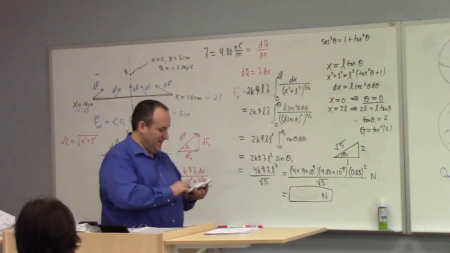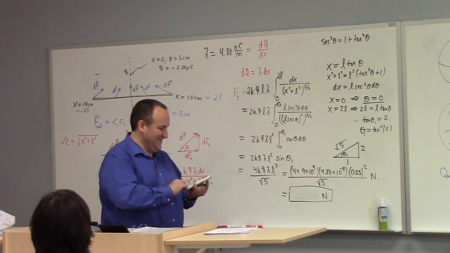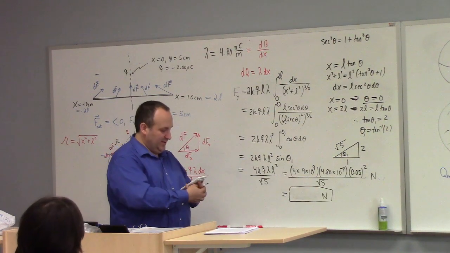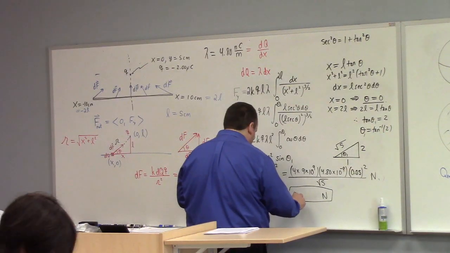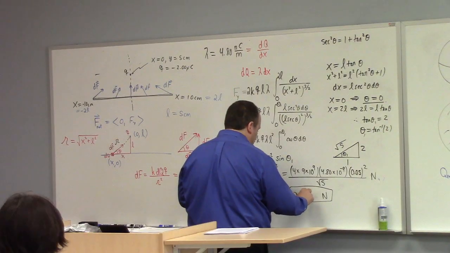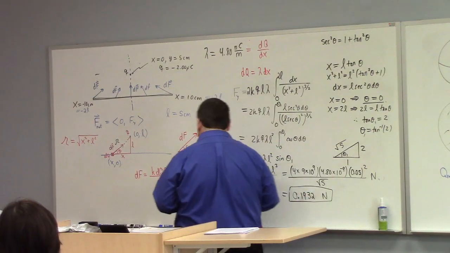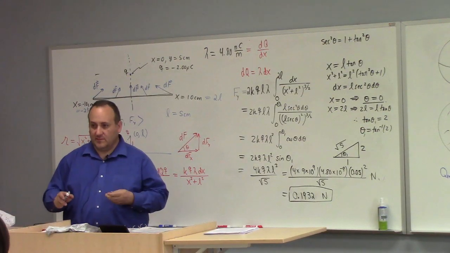And then I'm going to multiply it by 0.05 squared to be safe. I get 0.1932 newtons. Is that it?